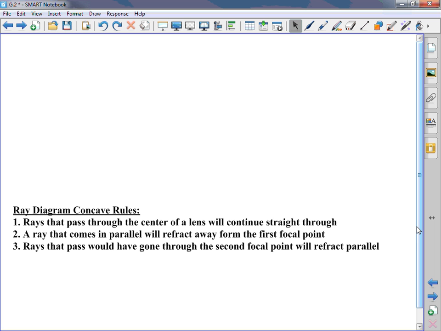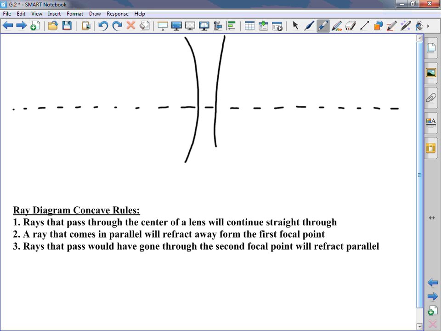Now, let me talk about concave really fast. Concave lenses work almost the exact same way. So let's give ourselves a principal axis here and a nice big concave lens. Okay, here's the center of it. Let's give ourselves focal points, right?